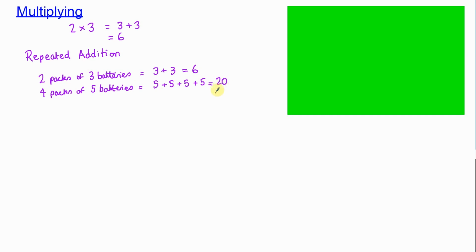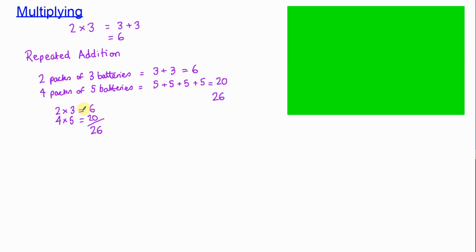So altogether you have 26. And when you start to get used to this, you can realise that instead of repeating that addition, you can write it out as 2 times 3, which is 6, and 4 times 5, 20. Altogether you get 26 batteries.